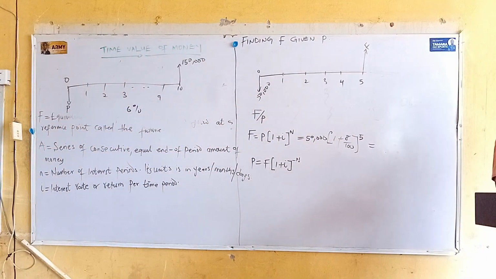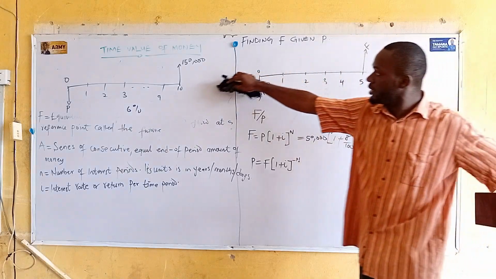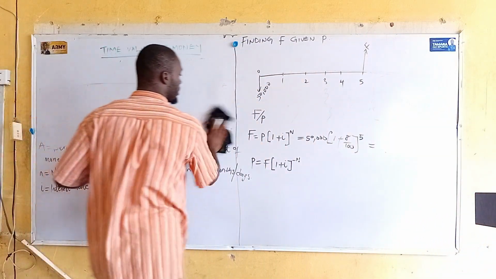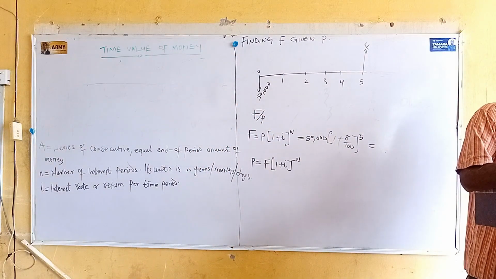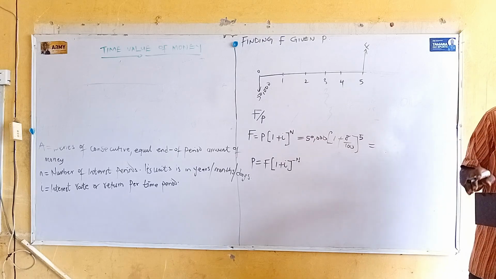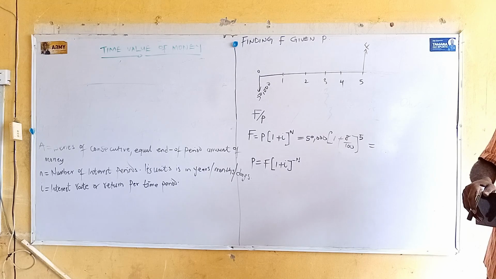So the question says a company is examining its cash flow requirement for the next 5 years. It expects to replace a few machines and office computers at various times over that 5 years period.